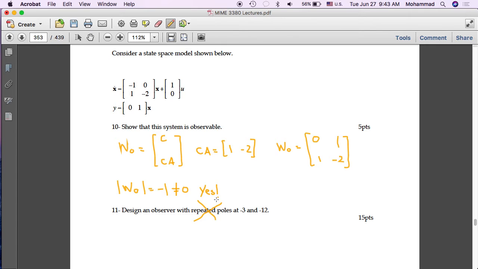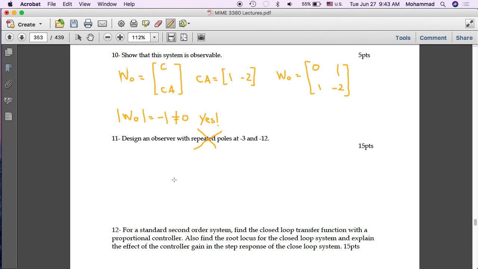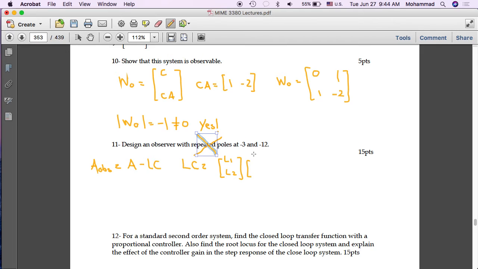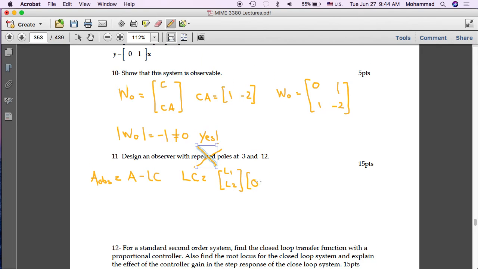Okay, so let's move forward and design our observer. Designing the observer means recognizing that A of the observer is A minus L times C. So let's calculate L times C. C is 1 by 2, so L is 2 by 1: L1, L2, times C, which is 0, 1.